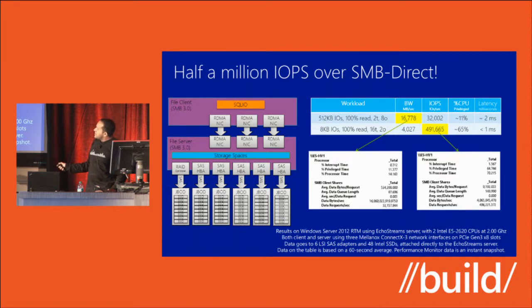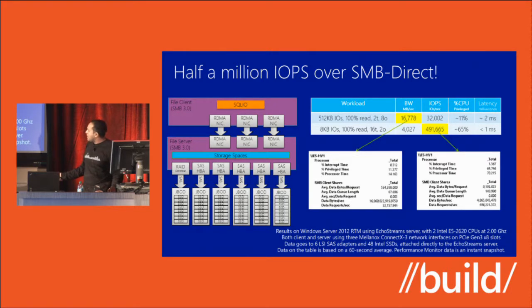The first one is large IOs, 512 kilobytes, fully read. 2T is 2 threads issuing IOs, with 8 outstanding IOs, so 8 asynchronous IOs on each thread. And the bandwidth you can achieve is pretty incredible, 16 gigabytes per second.